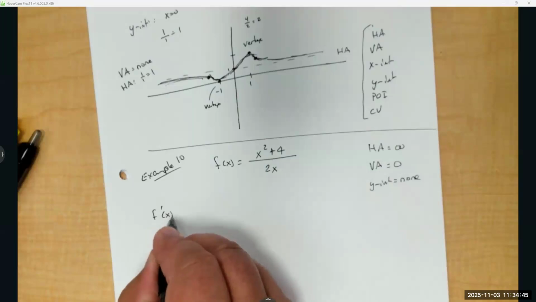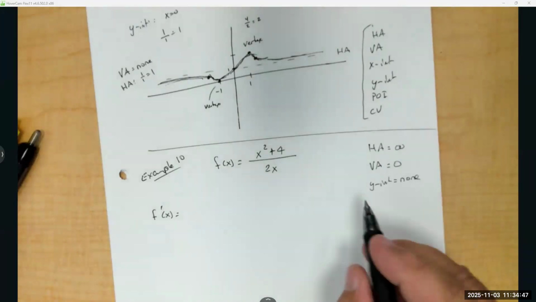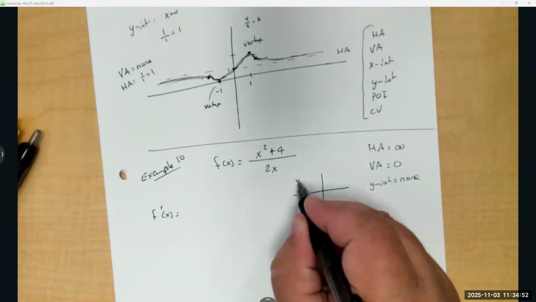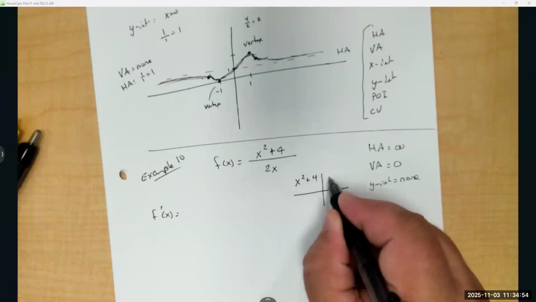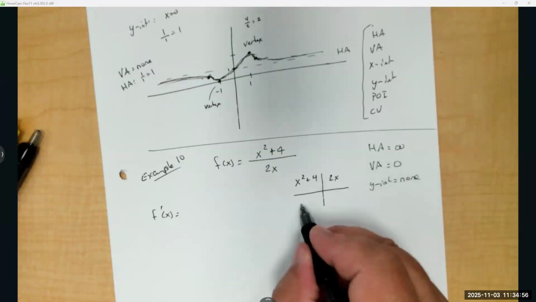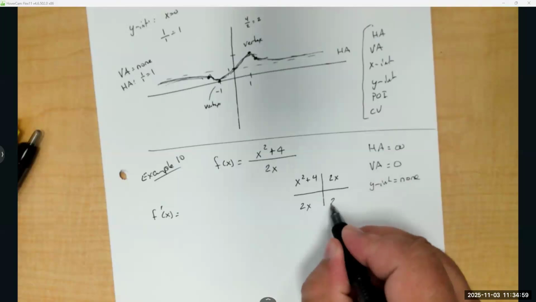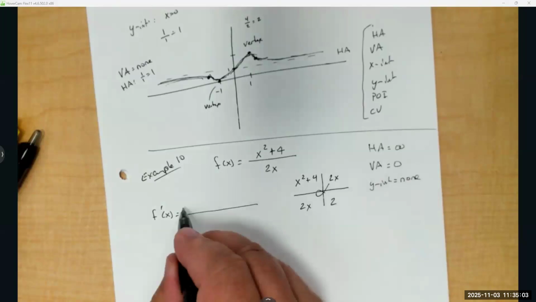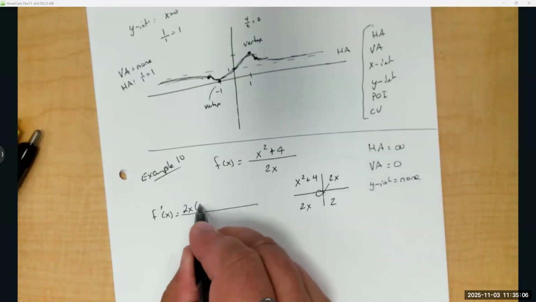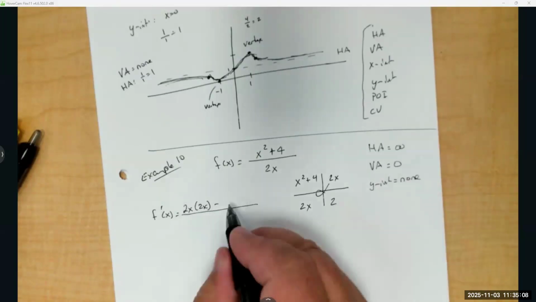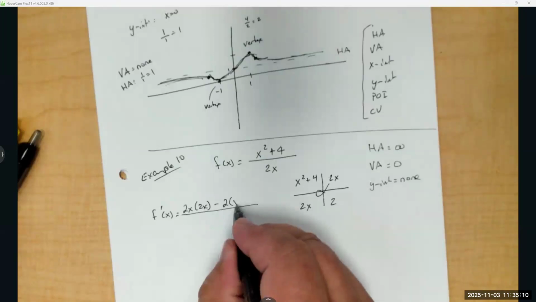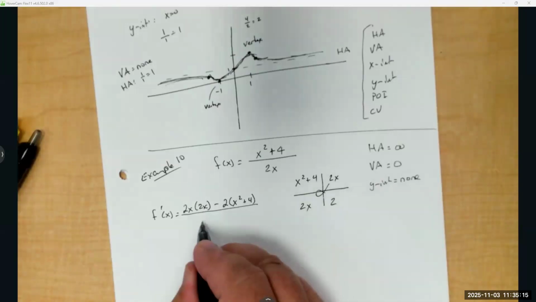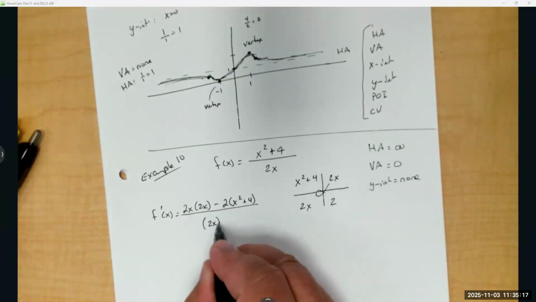So let's look at the first and second derivatives here. The derivative of x squared plus 4 is 2x, and the derivative of 2x is 2. So 2x times 2x minus 2 times x squared plus 4, all over 2x squared.